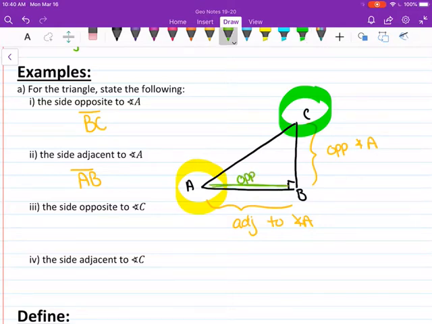And the side adjacent is the leg that touches angle C. So this side here is the adjacent side to angle C. So the side opposite of angle C was AB, and the side adjacent to angle C was BC.